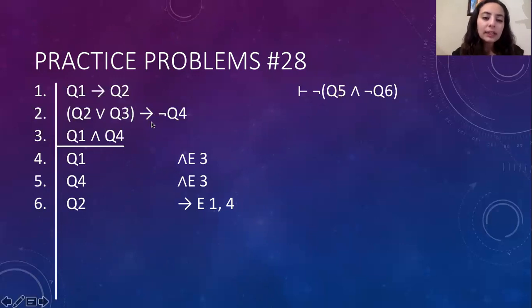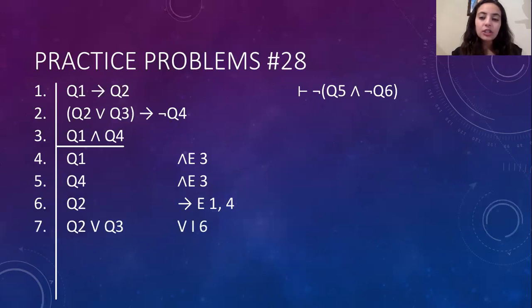Okay, well, I know I want to eliminate this to be able to get this not Q4 out. So I know I need this left-hand side in order to get this right-hand side. Well, I've got Q2, which is the first half of whatever's in the parenthesis, and I know from the rule of disjunction introduction that I can actually just add a random Q3.